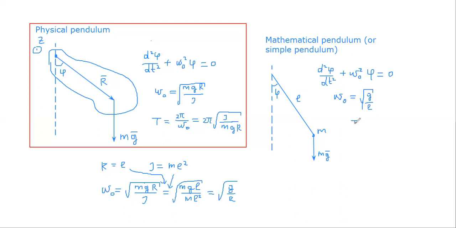And the period of free oscillations is 2 pi divided by omega 0, and this is equal to 2 pi multiplied by the square root of L divided by g.